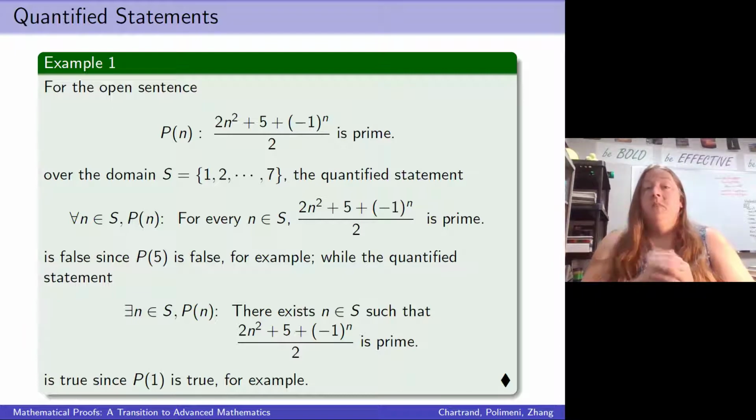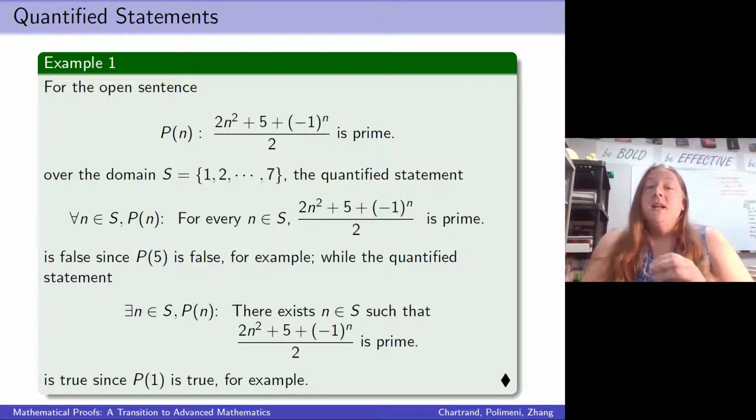So we have 55 minus 1, so we have 54 divided by 2, which gives us 27. And we know that 27 is 3 times 9, so 27 is not prime. That makes this quantified statement with the universal quantifier a false statement, because we have one example that breaks it.